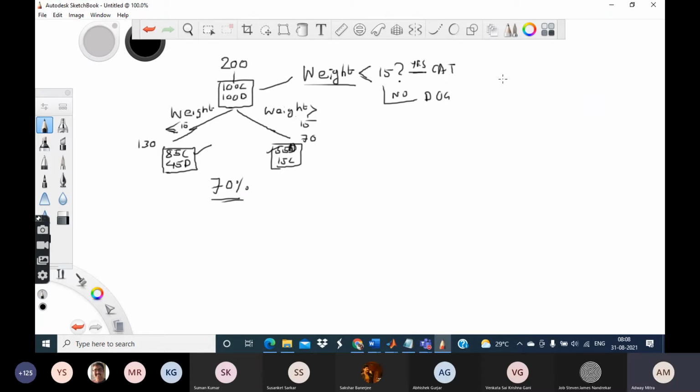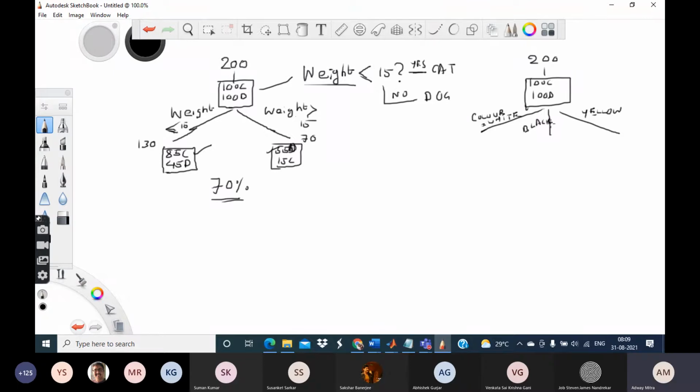Now, on the other hand, if we decide to split using some other feature, such as, for example, the color, which is another example we considered, then we saw that if we split with respect to color, there are three possibilities: color equal to white, color equal to yellow, and color equal to black.